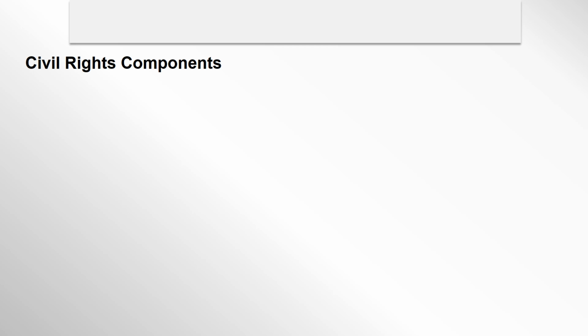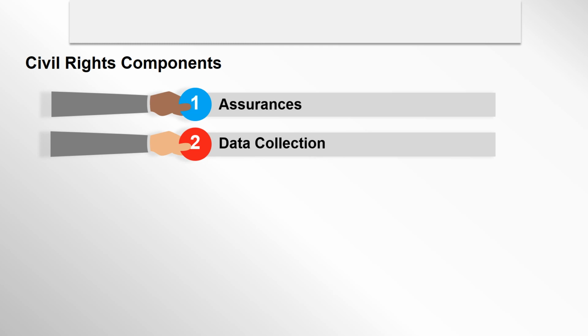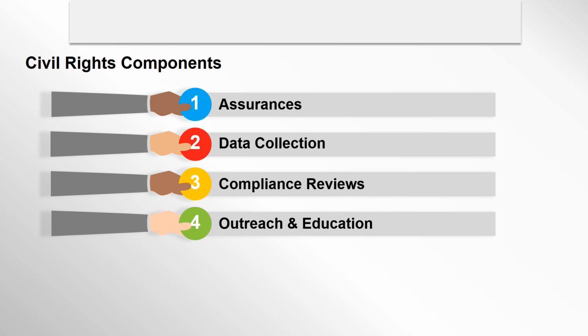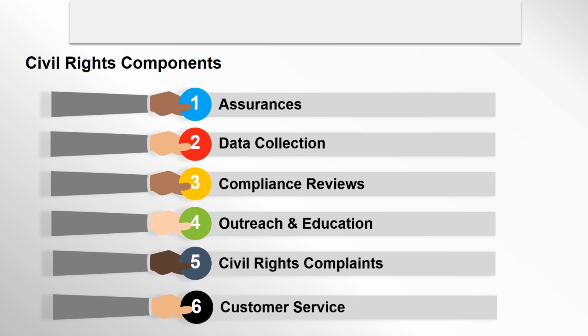The Child and Adult Care Food Program civil rights components include assurances, data collection, compliance reviews, outreach and education, civil rights complaints, and customer service.